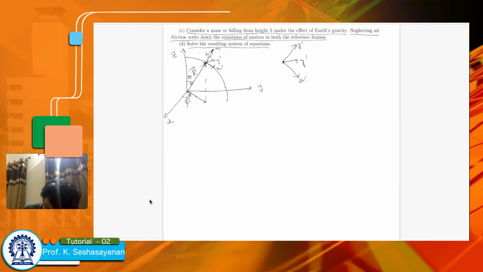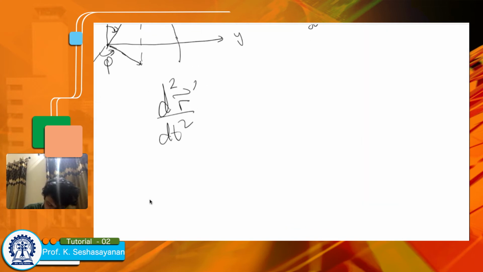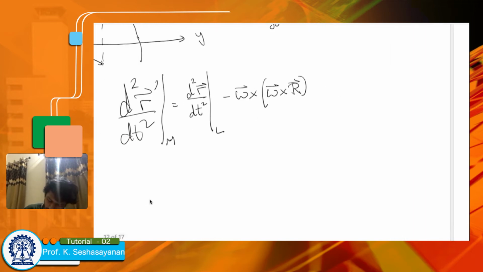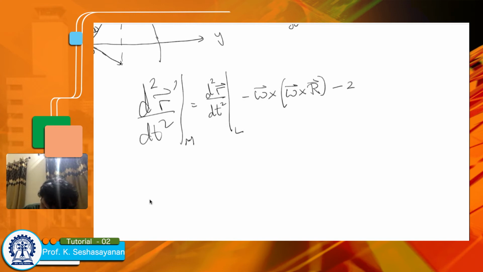So we can write this step by step. To start with, you have d square r. You already have the derived expression. I just repeat the expression.